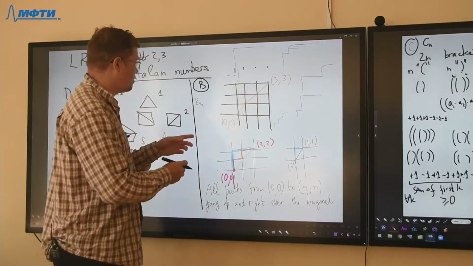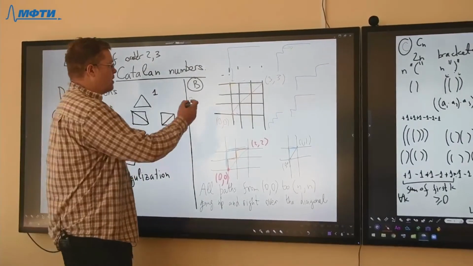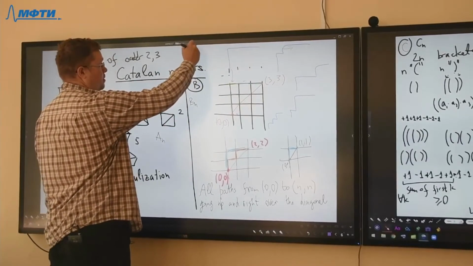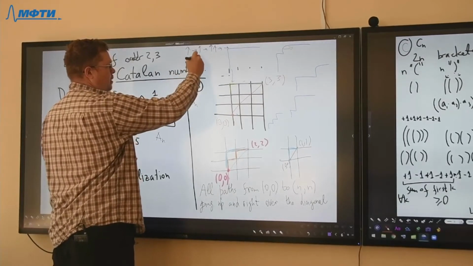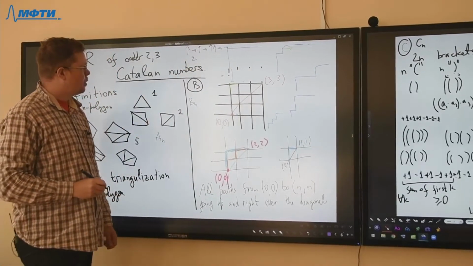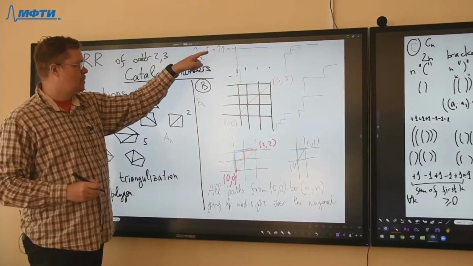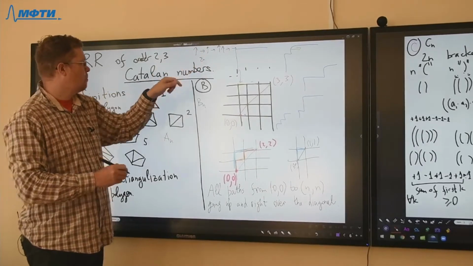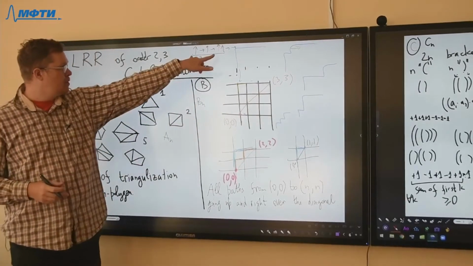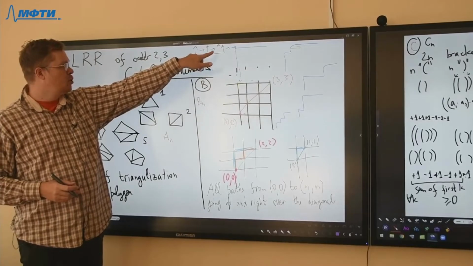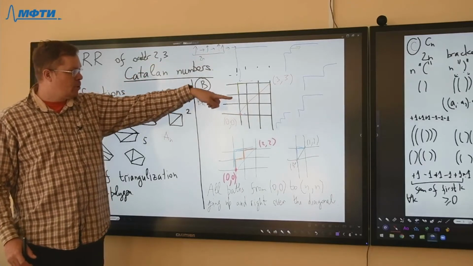Yeah, Masoud is right. So if we're looking at the path from 0,0 to n,n, we can write this as a sequence of going up and right. And there will be exactly 2n steps. So n steps will be up, n steps will be right, and there will always be more steps up than right. Because if I'm looking at the first k elements of the sequence, then the number of steps to the right should be less than or equal to the number of steps up, because otherwise I will go under the diagonal.